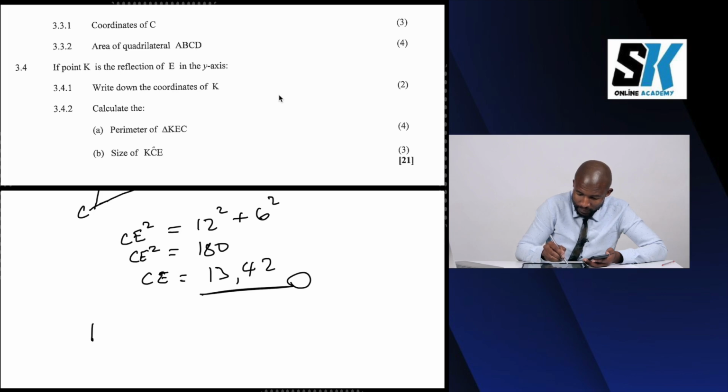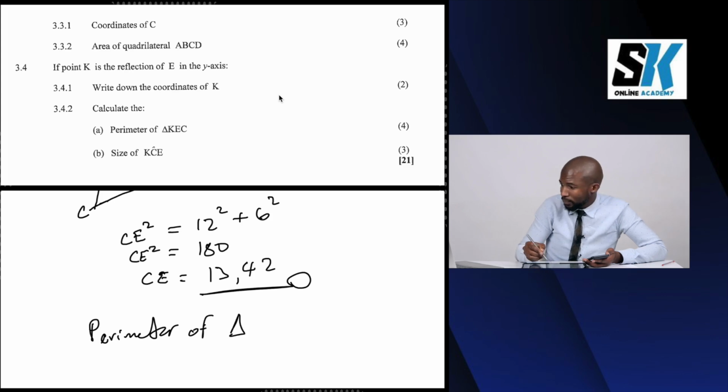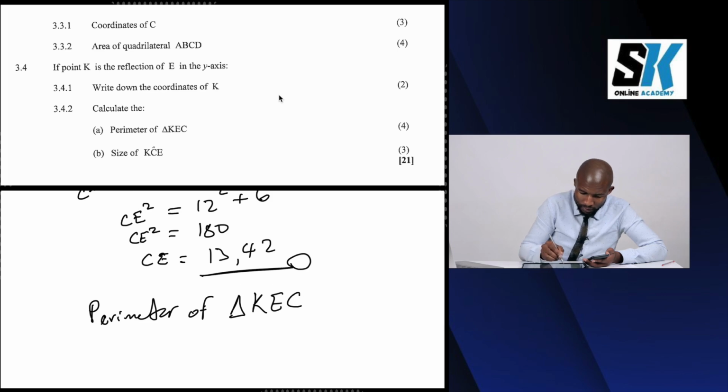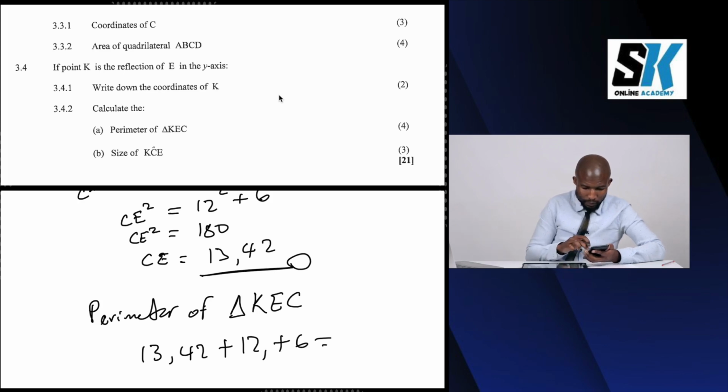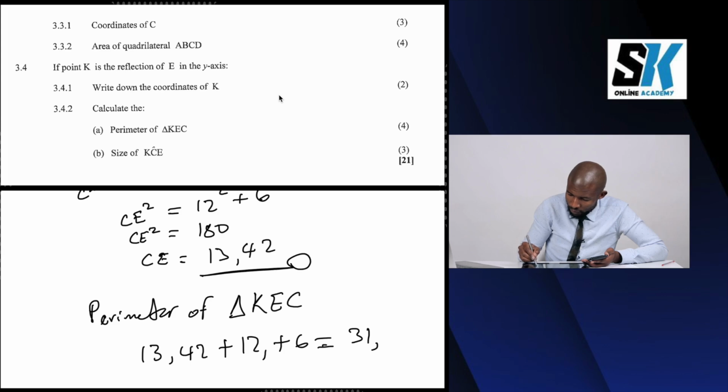So the perimeter of the triangle KEC, we're just going to say 13.42 plus 12 plus 6, and our final answer is going to be, the perimeter is 31.42 units.